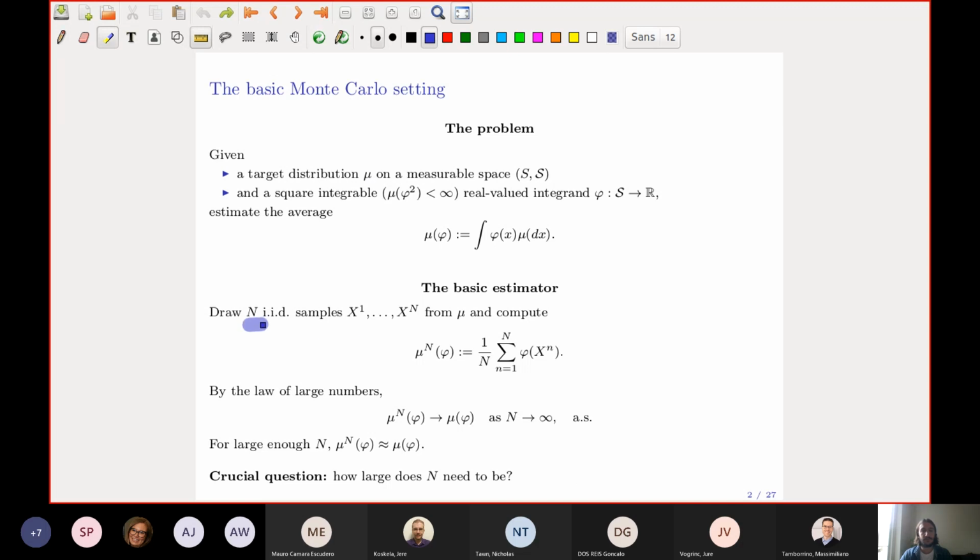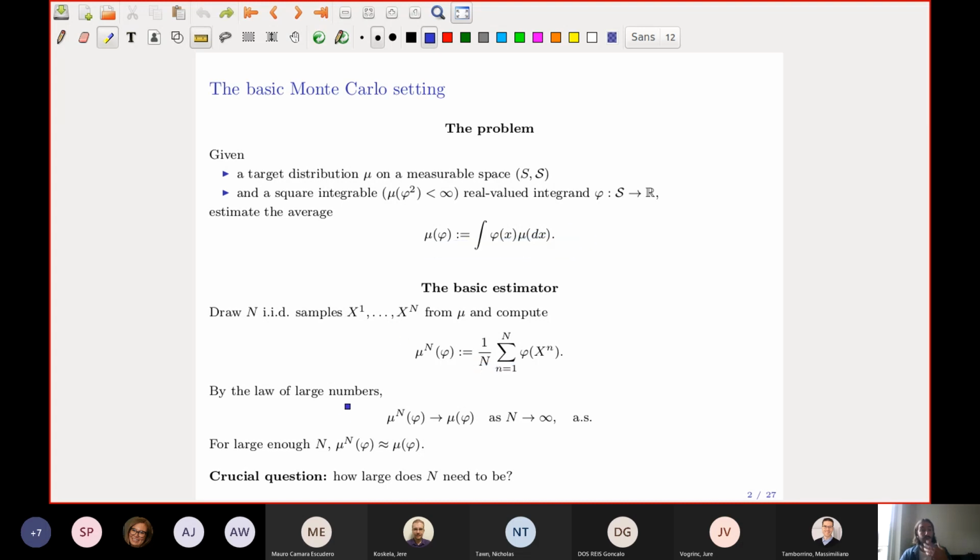That involves drawing n IID samples, x1 to xn, from our target and computing the relevant sample average. And then these books or notes will tell you that this operation is justified by the law of large numbers, which tells us that this is a consistent estimator for our average of interest.